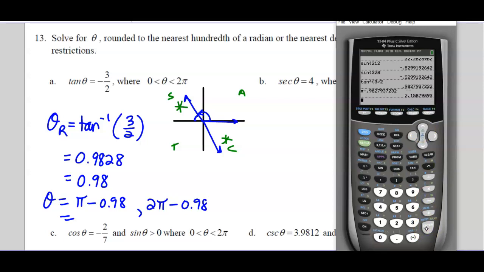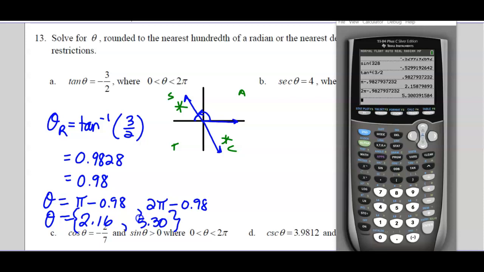Now we can go to the nearest hundredth, 2.16. 2 pi minus that is 5.30. Okay, so those are your solutions.